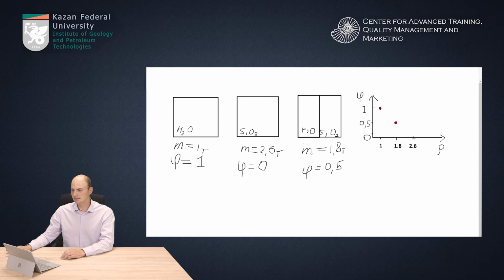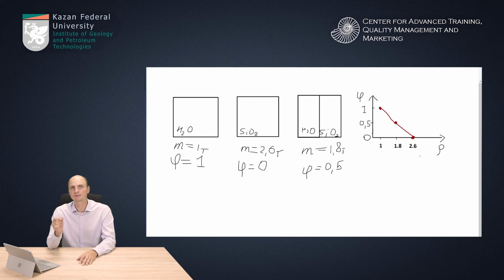That gives us this point. So we can see that all of these 3 points lie on a line. So we have a linear correlation between density and porosity. That gives us information about the density of the rock and its connection with porosity. And the porosity is going to give us information about the reserves.